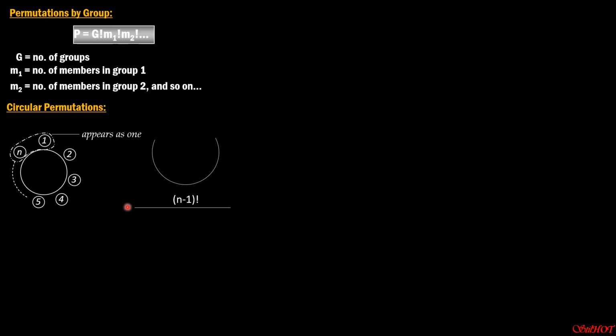It's different if this is the first and this is the last. That's why for that arrangement, there will be n factorial ways.